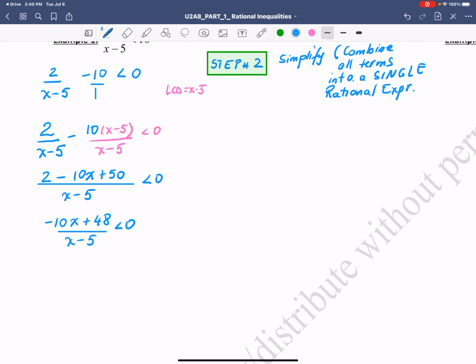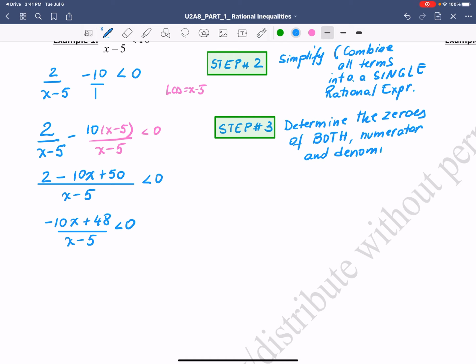So, next step, number 3, determine the zeros of the numerator and denominator. So I'm going to write both here, capitalized. So numerator and denominator.